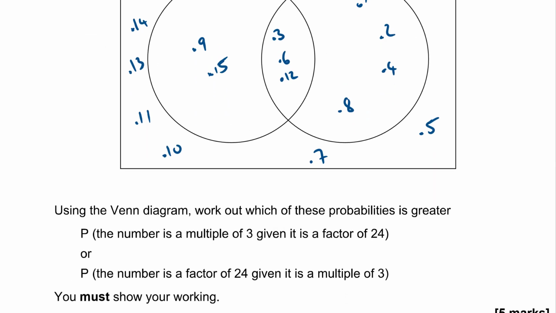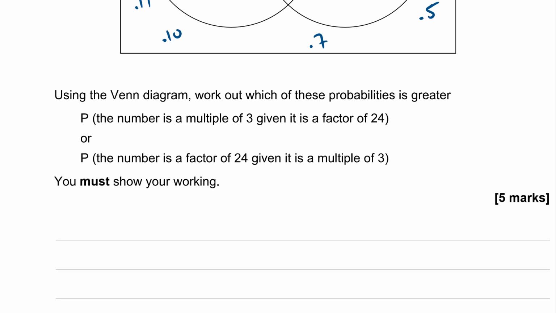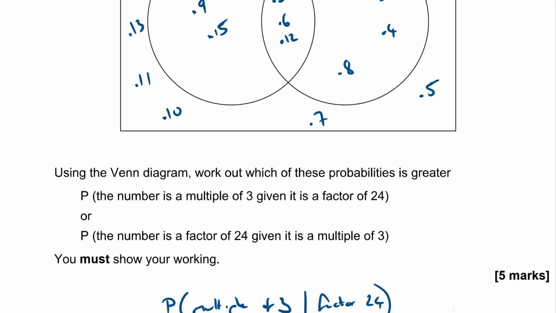So what's the probability that the number is a multiple of 3 given that it's a factor of 24? That means it's in the F set.